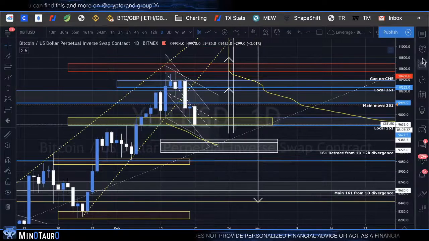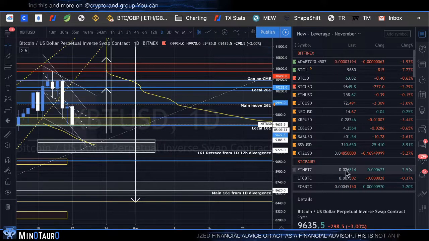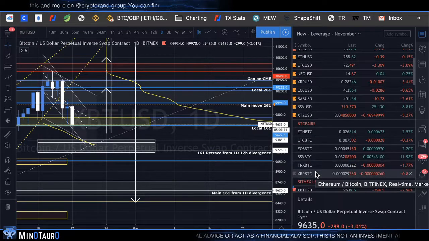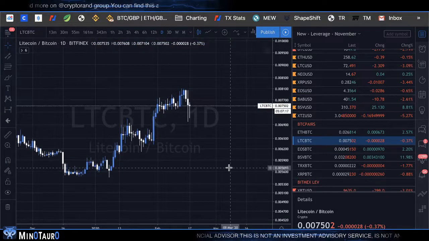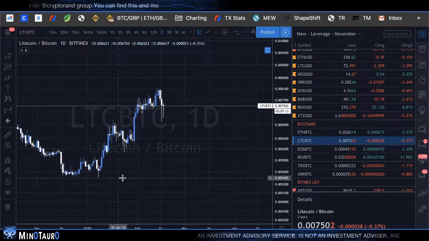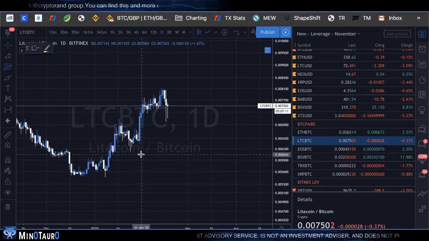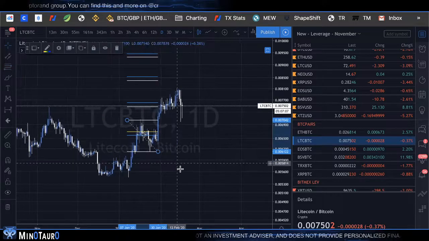Okay, so one last thing. Litecoin. Okay, just to understand another thing about the boxes. So Litecoin is a 261 coin, usually.